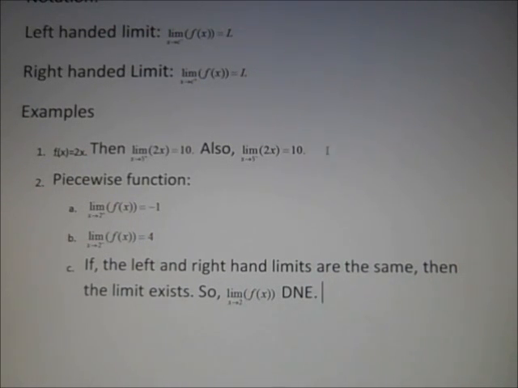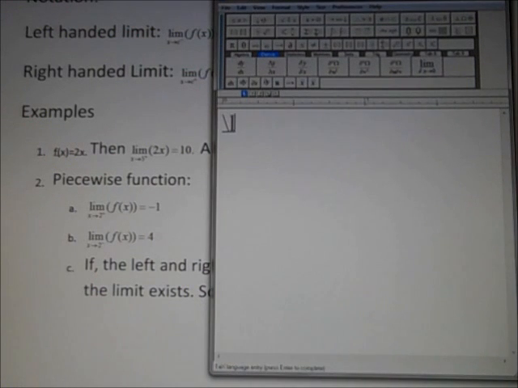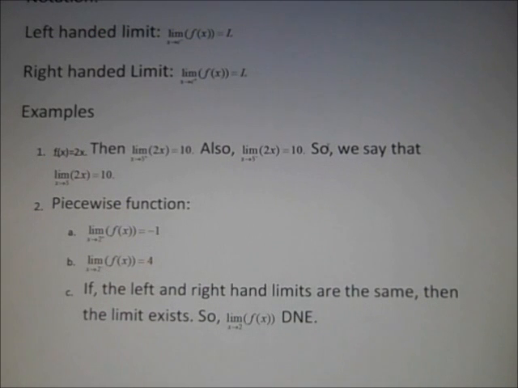Now in our first example, since they were the same, we say that the limit as x approaches 5, without any plus or minuses, of my function 2x is equal to 10. So if you do the left and right-hand limit and you get the same number, then the limit exists, and that is the limit, whatever the number was.